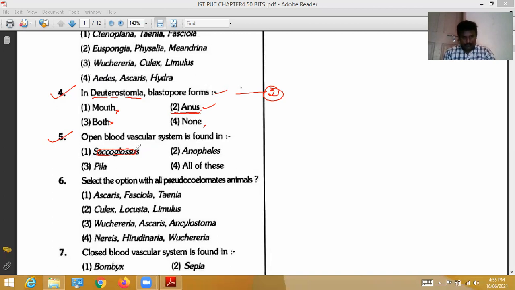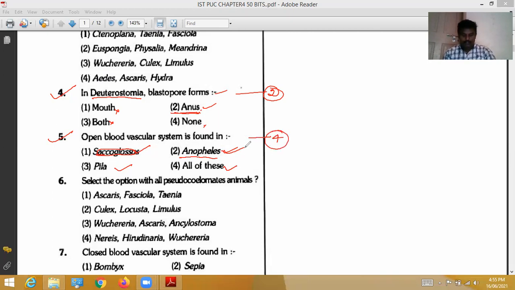So it shows open blood vascular system. Female Anopheles, an insect, also shows open blood vascular system. Pila globosa also shows open blood vascular system. Among these four options, 3 options are correct, so the fourth option is correct for the fifth question.